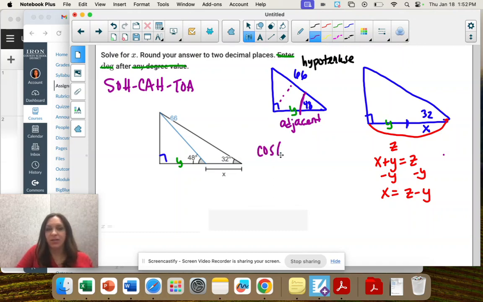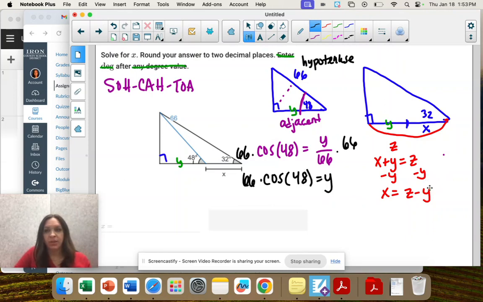So cosine of the angle equals adjacent over hypotenuse, and we're going to multiply both sides by 66. And that is y. I'm going to leave it like that. I got one wrong from rounding, so I'm not rounding till the very end.